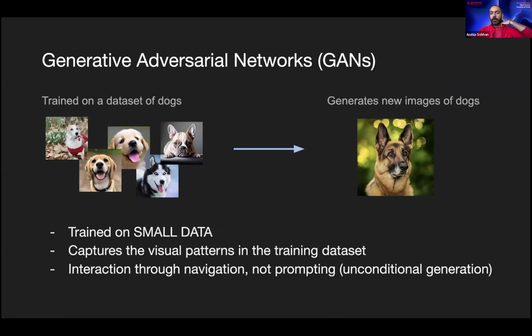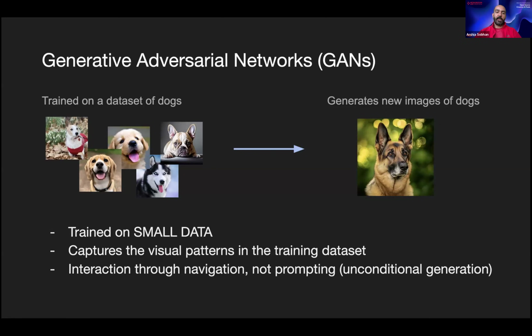Generative adversarial networks, or GANs, are a type of generative AI algorithm that predate text-to-image models. And the idea behind them is fundamentally different. In comparison to what we consider big data, GANs are trained on small data sets. And these data sets, at least based on what GANs were initially designed for, are meant to represent one visual domain.